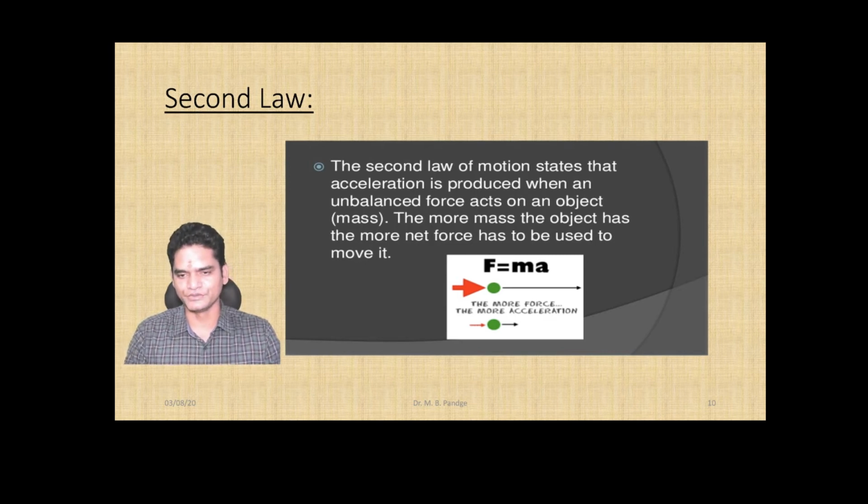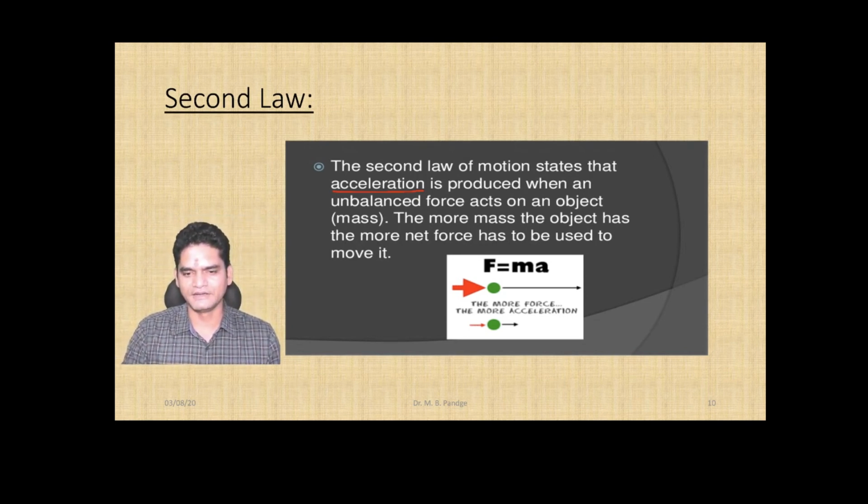Acceleration is produced when an unbalanced force acts on an object. Here the object has some mass. The more mass the object has, the more net force has to be used. As we have seen in the earlier example, if the object is massive, we will require more force to change its position.